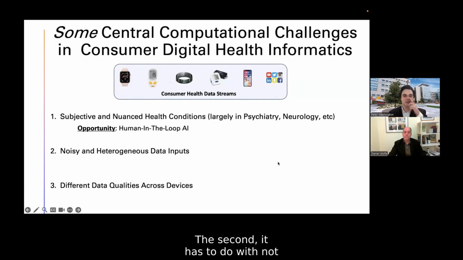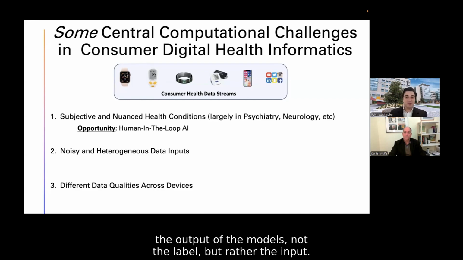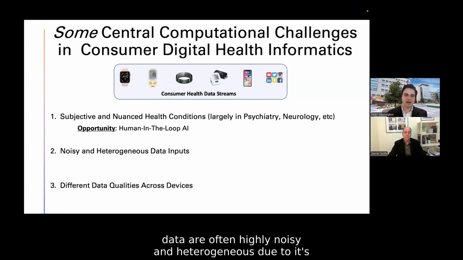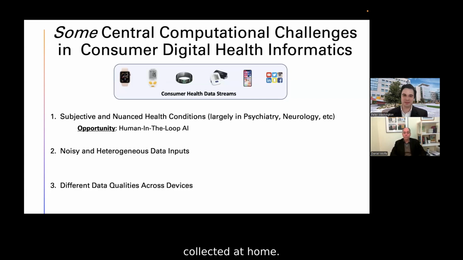The second has to do with not the output of the models, not the label, but rather the input. The inputs to these remotely collected data are often highly noisy and heterogeneous. It's collected at home, it's not a controlled clinical setting.